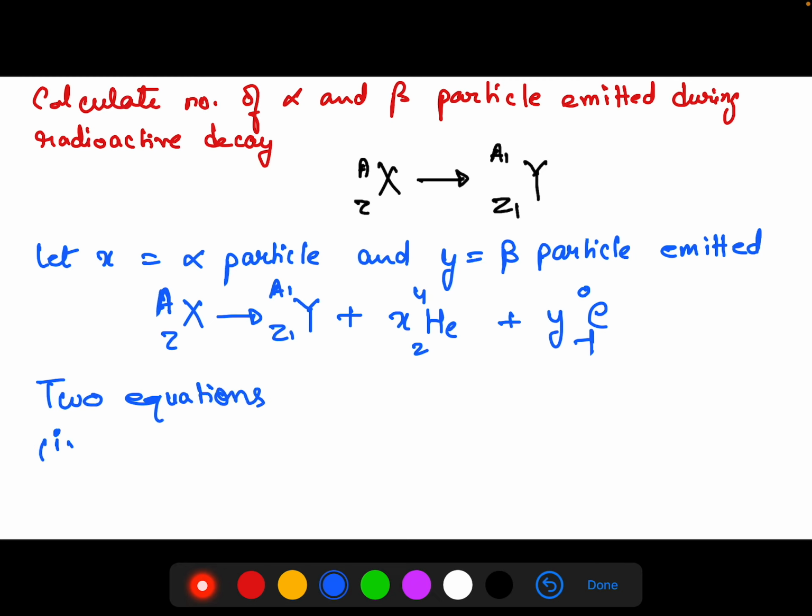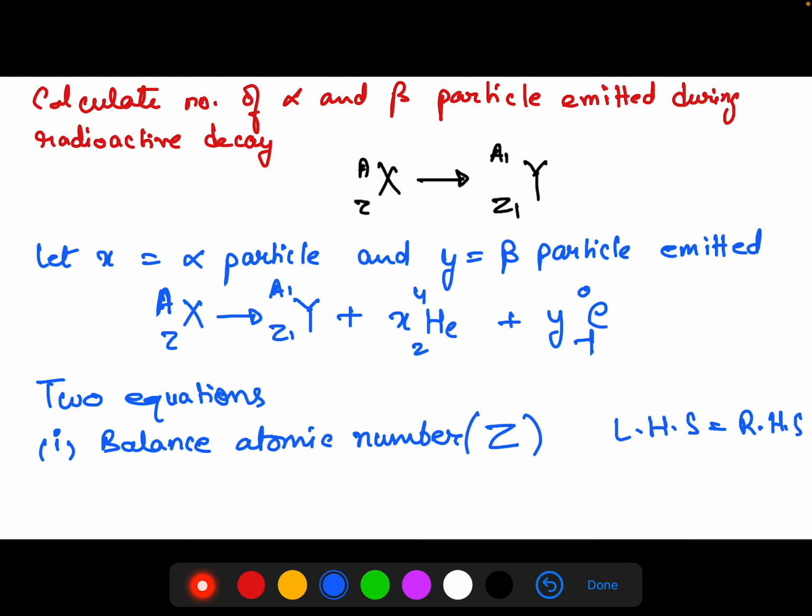Number one, we have to balance the atomic number Z. Left hand side is equal to right hand side, so Z is equal to Z1 plus 2 times X plus -1 times Y. So this is my equation 1.